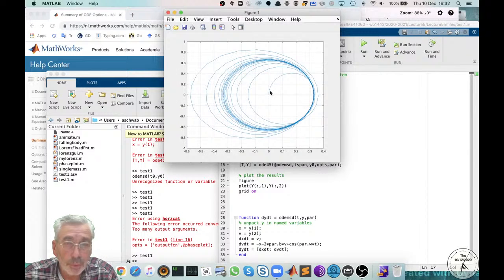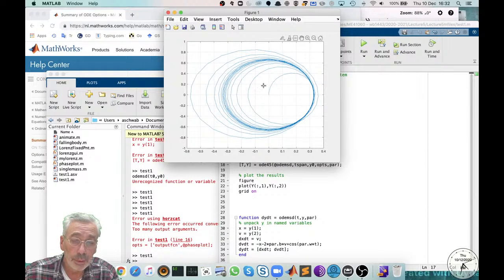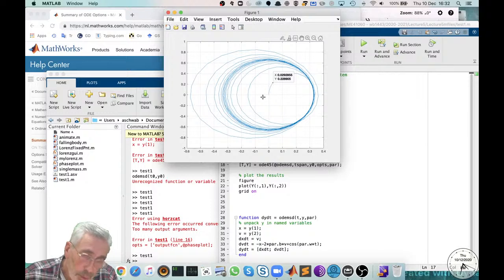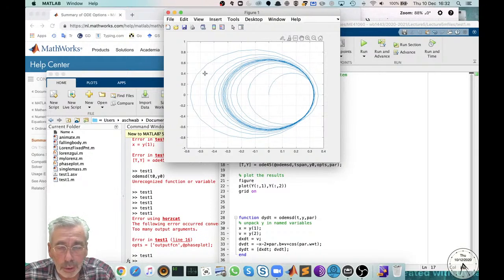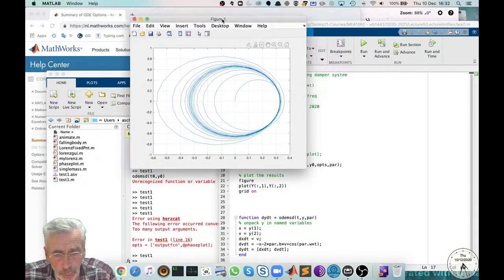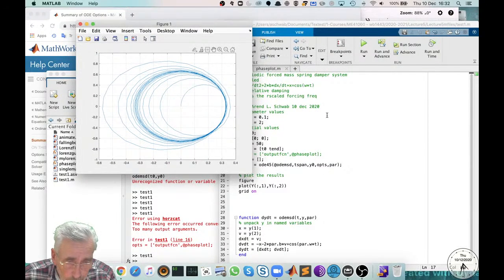So this is a phase plot, right? Horizontal position, and here we have the orbit, the velocity on the vertical. We see position is 0, it has a finite velocity, and it will accelerate, and then it will finally get into this cyclic motion. If you add a lot of damping, then it will quickly get there.